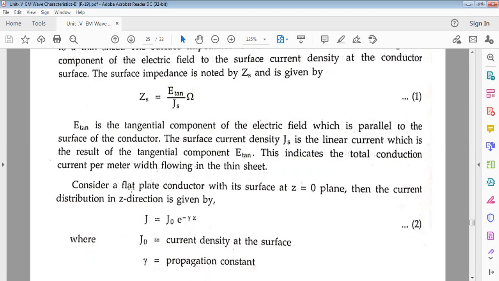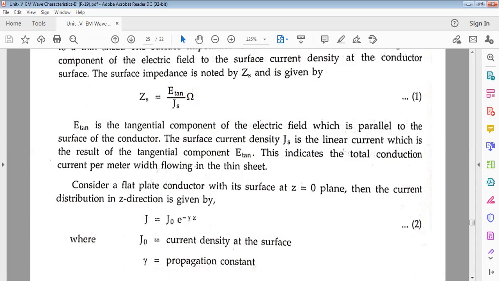Okay, consider a flat plate conductor with its surface at the z is equal to 0 plane. Then the current distribution in the z direction is given by J is equal to J naught e power minus gamma z, where J is the current density and J naught is the current density at the surface, and the current passes through that surface at z is equal to 0.